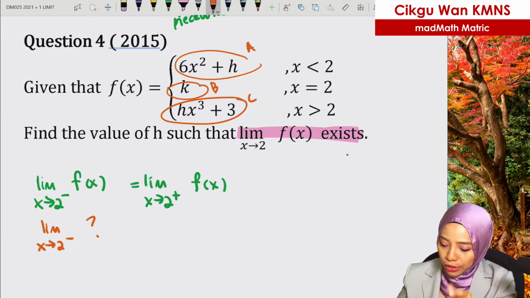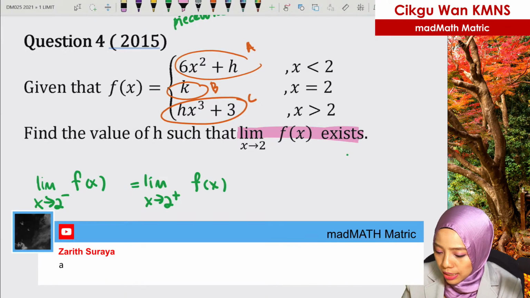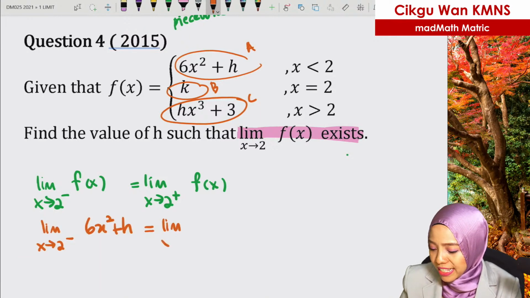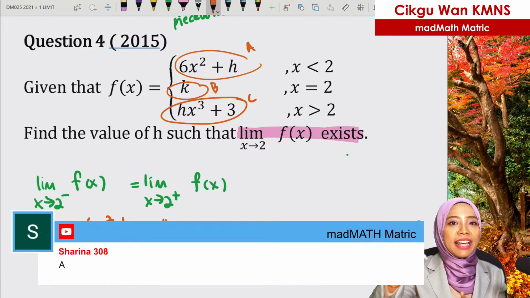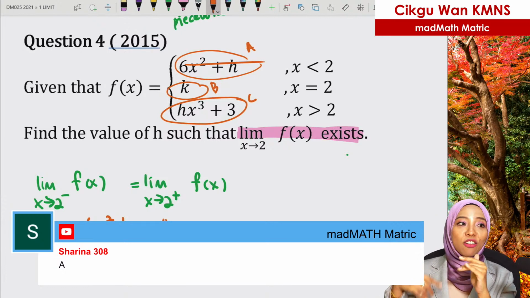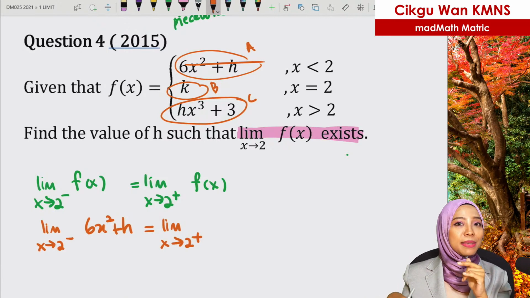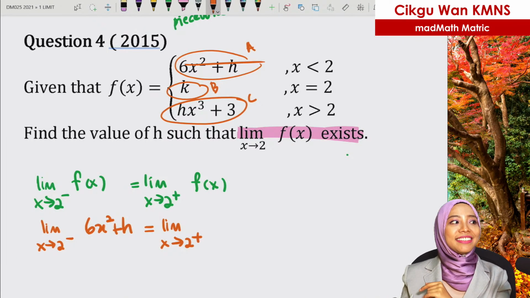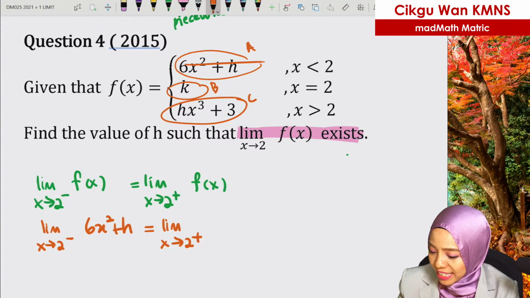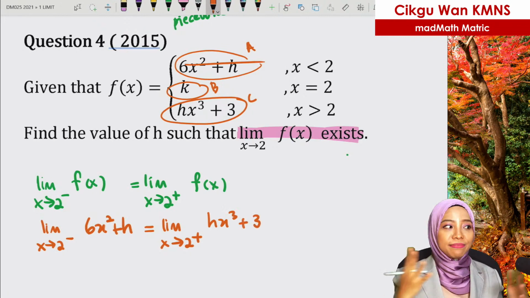So now I am substituting 6x squared plus h, and this one guys, x approaching 2 from the right, A, B, C. A dah tak boleh ambil dah, ambil yang lain. Yes, very good. C, hx cubed plus 3.